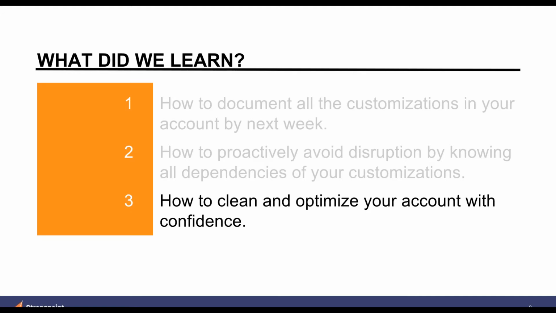But we always see them come back to us a few quarters down the road, maybe when they're starting a new fiscal year, and this ends up on their list of priorities: what can we do to improve the way we are using our system? Our tools highlight the low-hanging fruit for you, so these are projects you can do quickly and effectively, with confidence that you've done the appropriate due diligence, and that you're not going to delete something that's touching something you completely forgot about, and you're not going to have to put out fires.